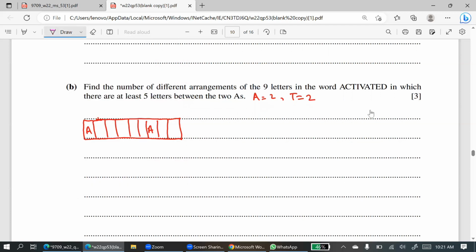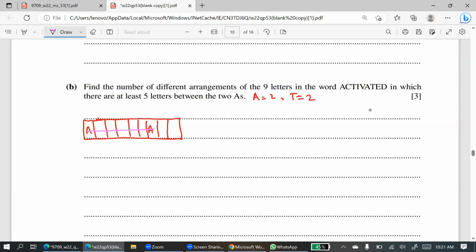Now we will make this one a group, A to A, and there are 5 letters between the 2 A's. Now we will arrange this group in how many ways in these 9 positions.